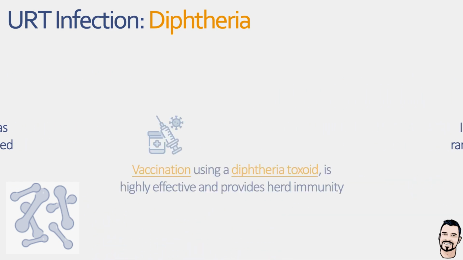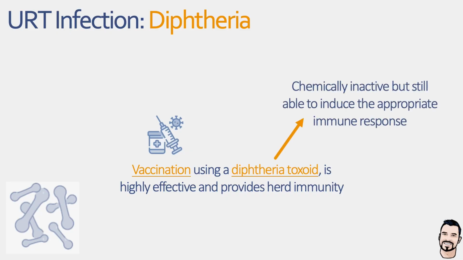Now, to help with this, there have been highly successful vaccination programs using a diphtheria toxoid, which has made diphtheria cases extremely rare. Now, the vaccine is made from an inactive form of the DT and is capable of stimulating an immune response without any of the tissue damage or disease.